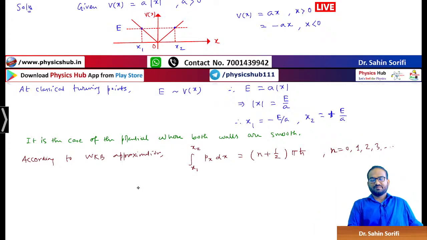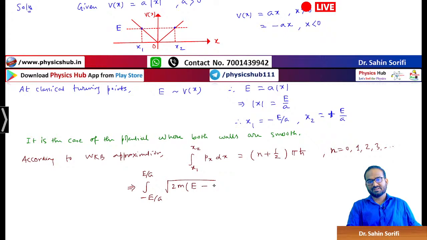Now what is p? We have already told you, square root of twice m into E minus V of x, where x1 is minus E by a, x2 is plus E by a, and V of x is a mod x.